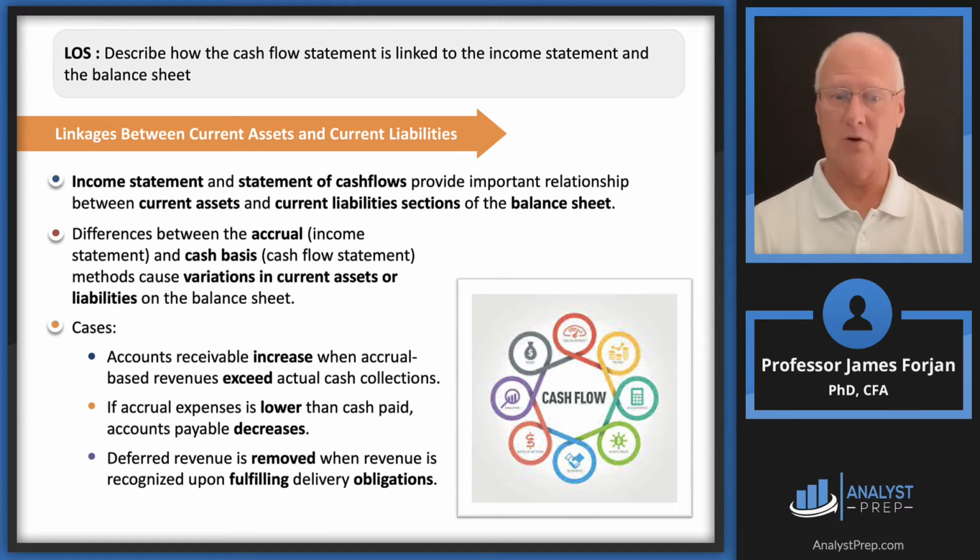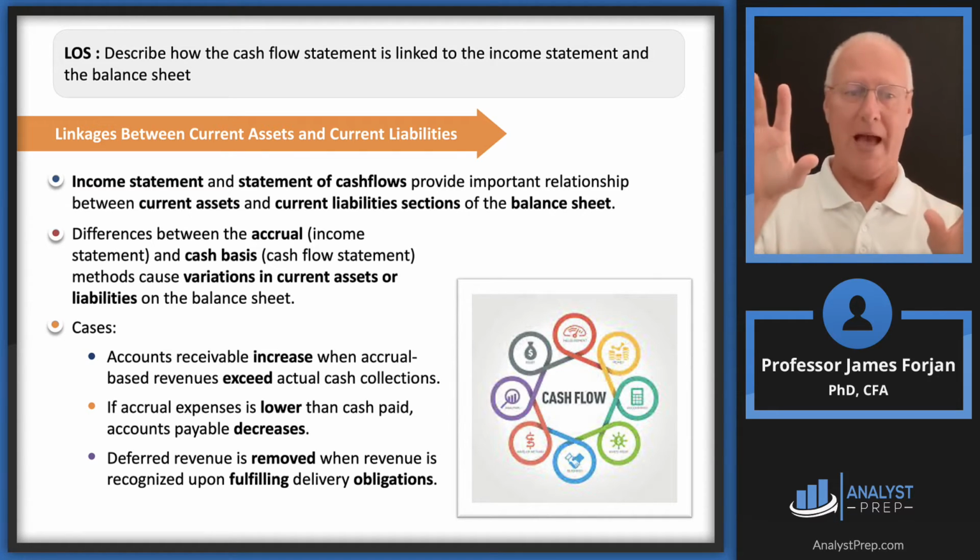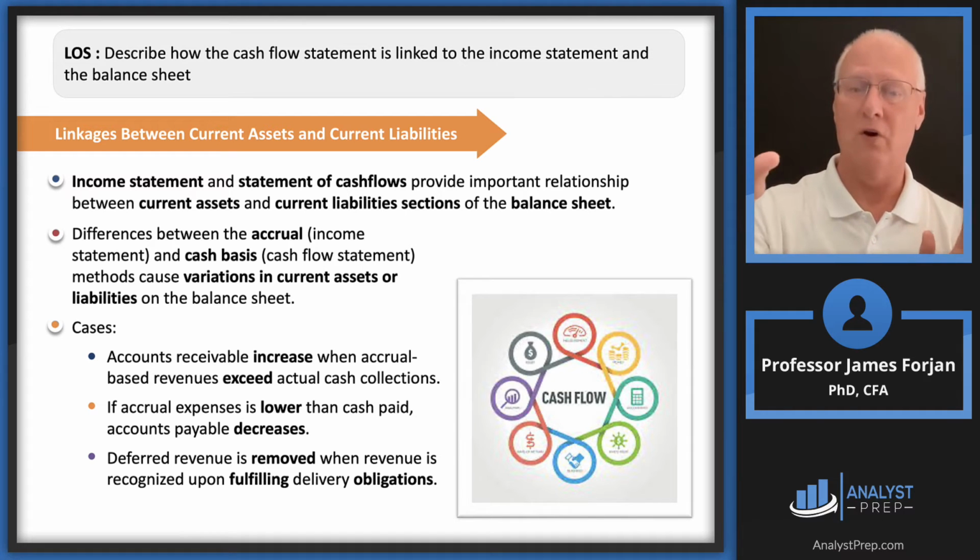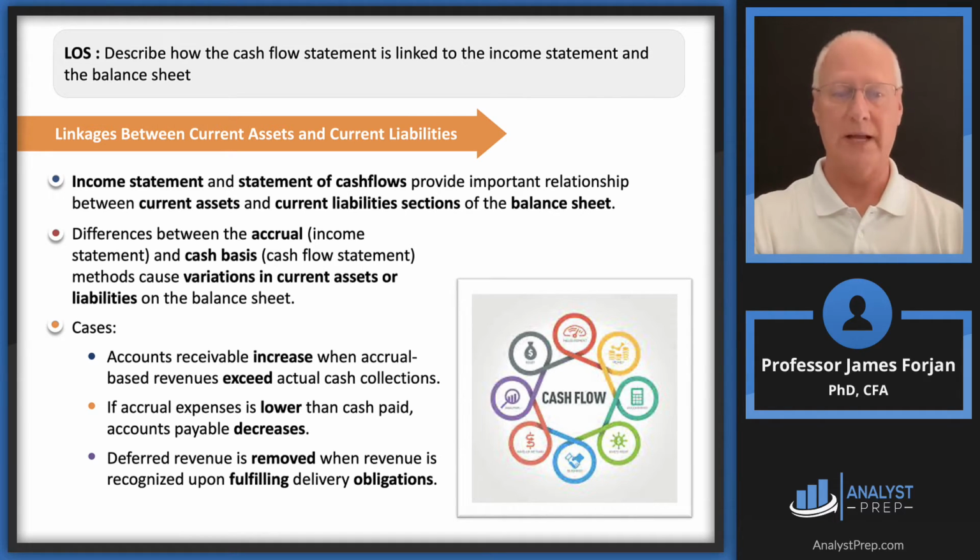Now, if those accrual expenses are lower than the cash paid, then accounts payable decreases. So you've got an impact from what goes on the income statement, right? Accrual expenses, and then that results in a lower accounts payable. And then deferred revenue, we'll talk about that in just a little bit, but deferred revenue means something like when revenue is recognized, when you fulfill your obligations, and we have an example here in just a second.